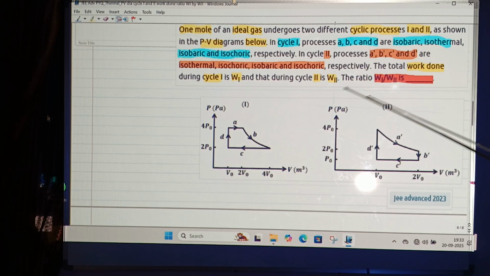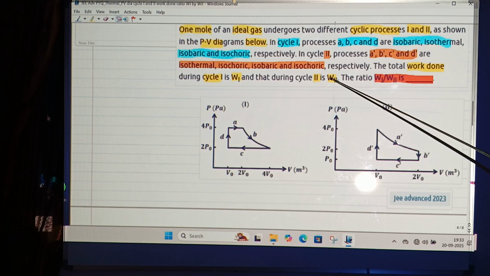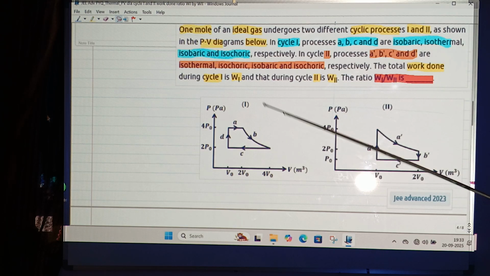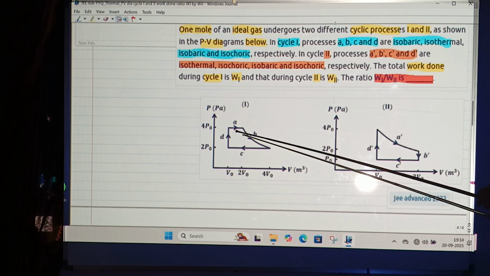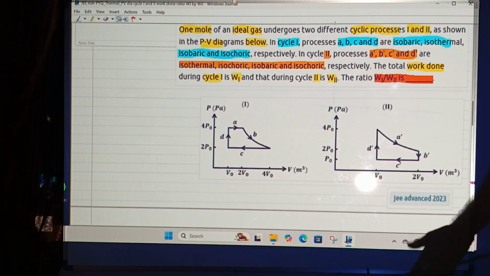The total work done during cycle 1 is W1 and during cycle 2 is W2. The ratio W1 by W2 is? Here is cycle 1 in the PV diagram, A, B, C, D, and here cycle 2, A prime, B prime, C prime, D prime. This is a simple question. You can pause and try this question.